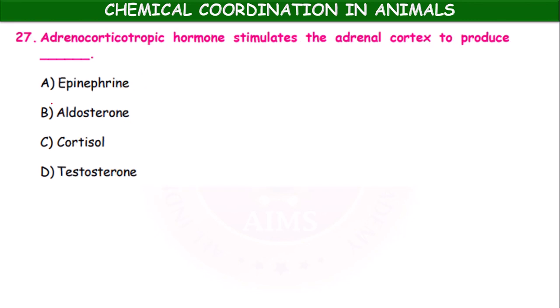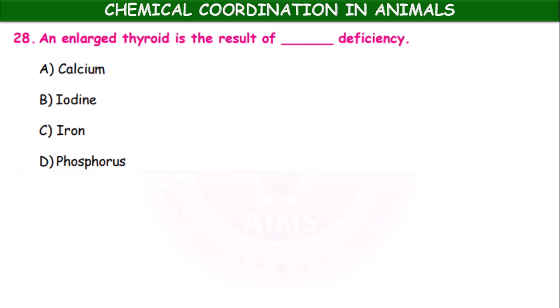Adrenocorticotropic hormone stimulates the adrenal gland to produce epinephrine, aldosterone, cortisol, testosterone. Cortisol. An enlarged thyroid gland is a result of dash deficiency: calcium, iron, iodine, phosphorus. Iodine deficiency causes the enlargement of thyroid gland.